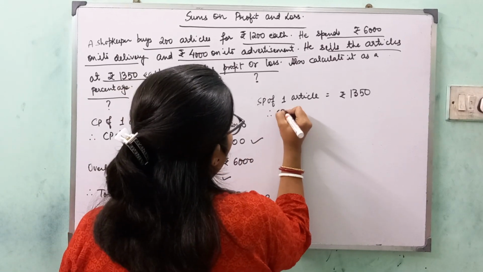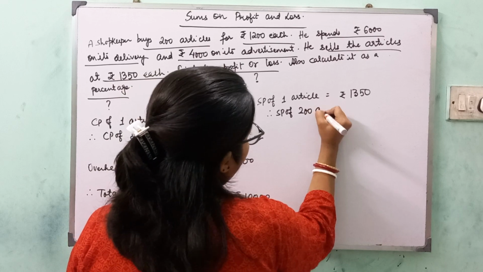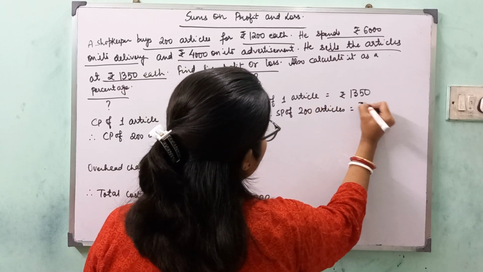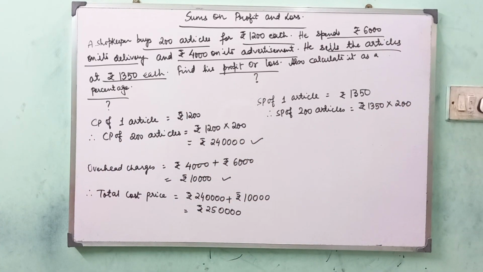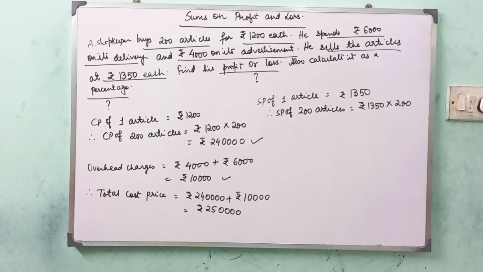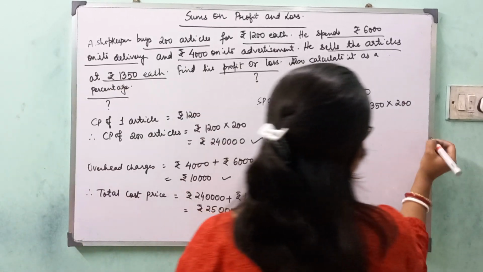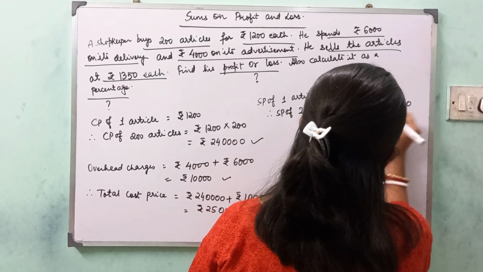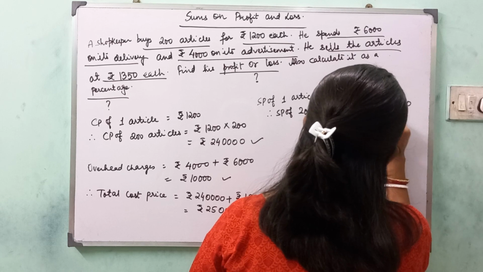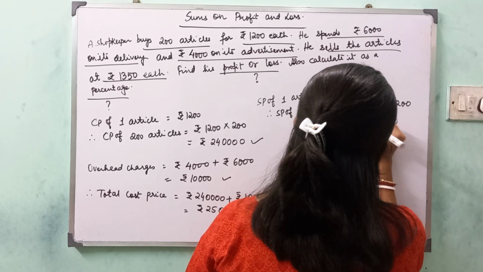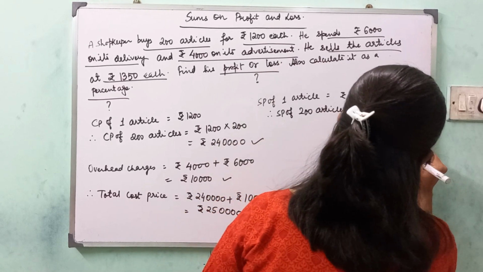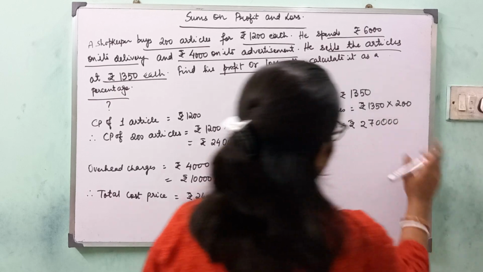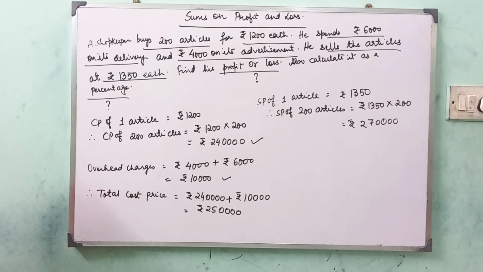So therefore the SP of 200 articles will be this, because when he is selling all of them. I hope it is okay. Yeah, fine.